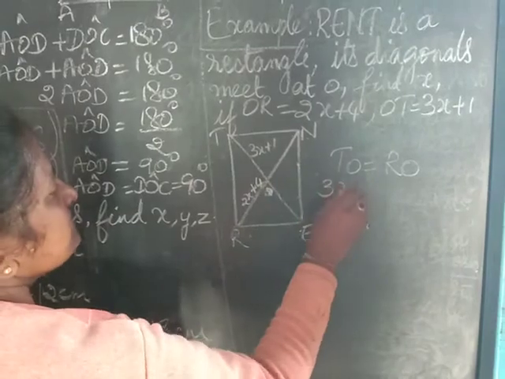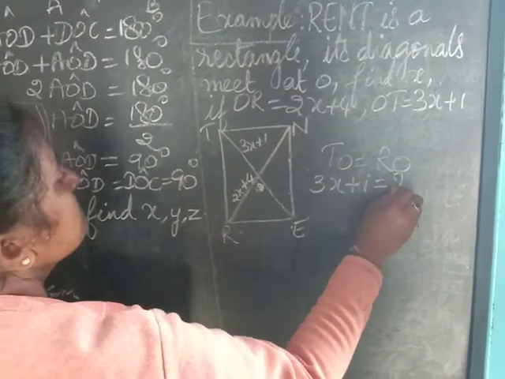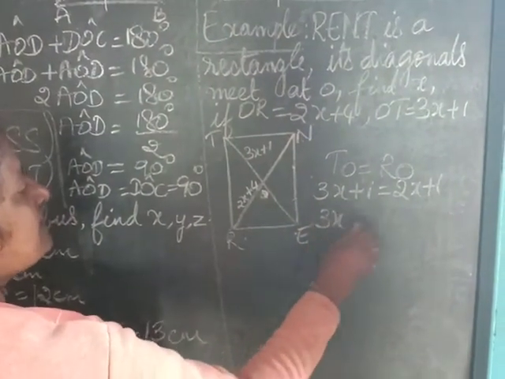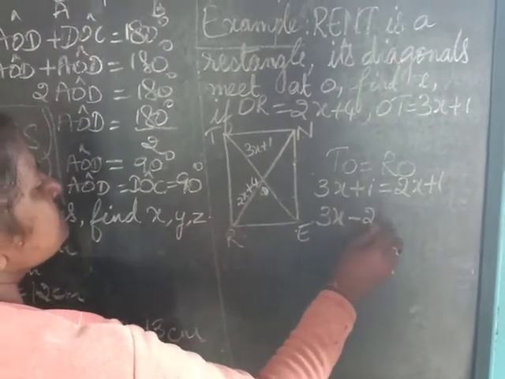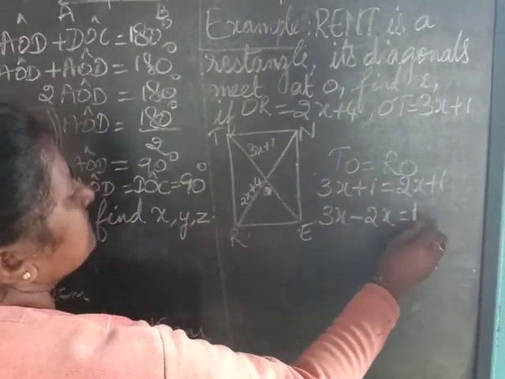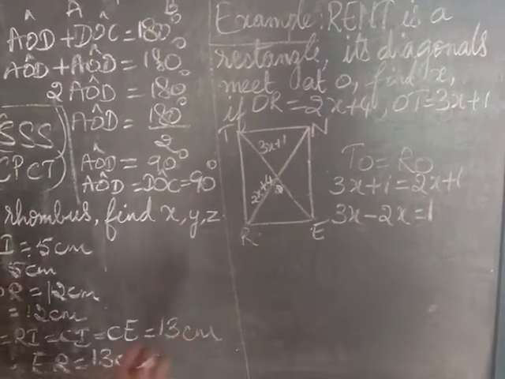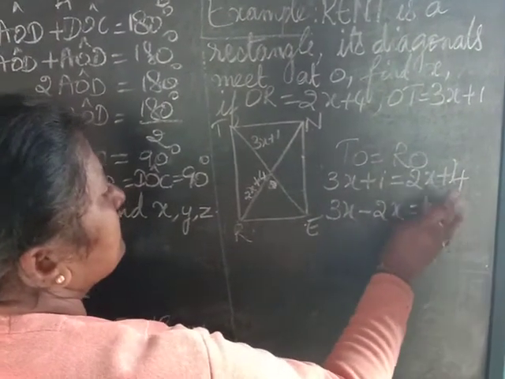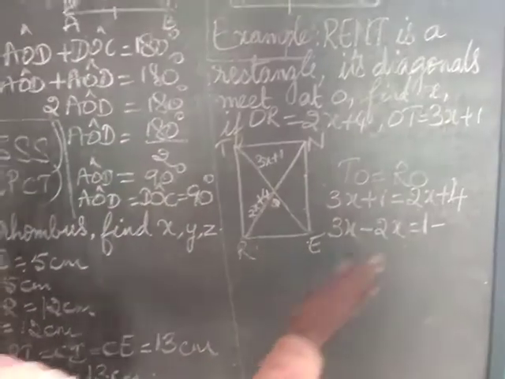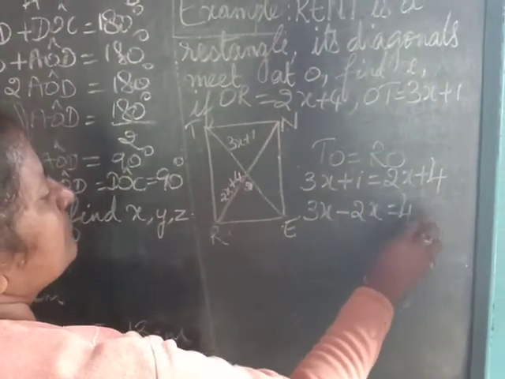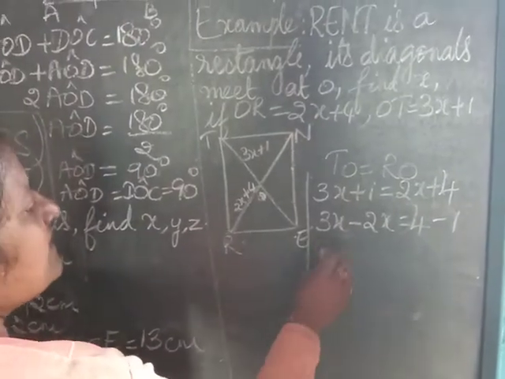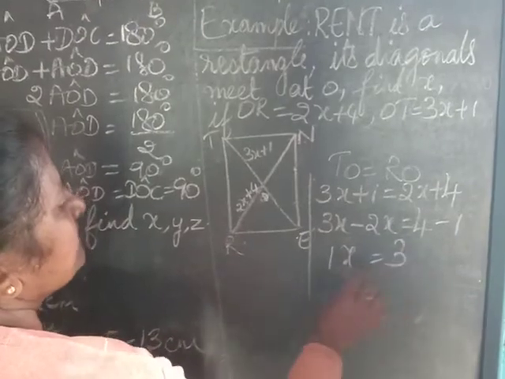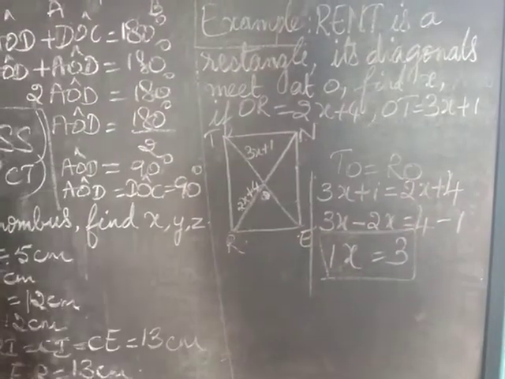Therefore, 3x plus 1 is equal to 2x plus 4. Now, taking 2x to this side, 3x minus 2x is equal to 4 minus 1. Then 3x minus 2x is nothing but 1x is equal to 3. Okay children, that is x is equal to 3.